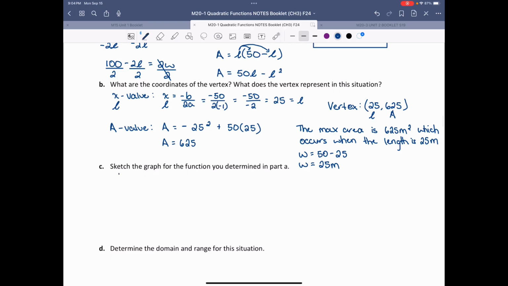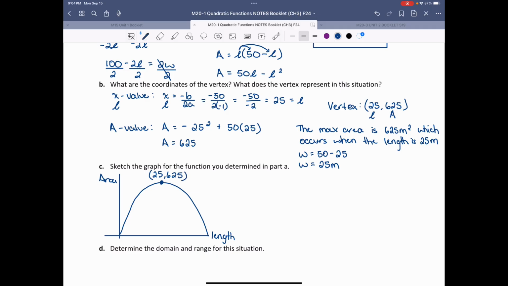And my parabola on my screen looks something like this. The x-axis is the length. The y-axis is the area. We know our vertex is at 25 and 625.